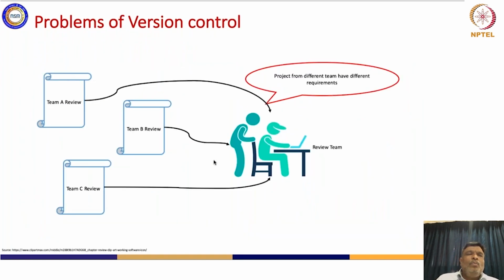So to sum up, if there is a review team which is going to review, let us say, for example, they are trying to do some testing of your code. So there is a team A, team B, team C, all three of the teams submitting their code for testing, and these projects are from different teams with different requirements, and the review team has to do it.